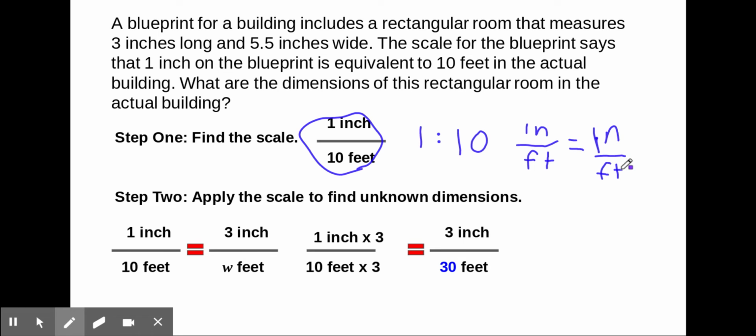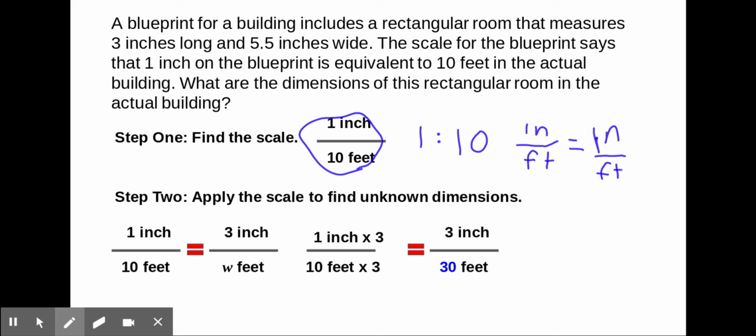You can't have inch over feet equal feet over inch. It has to be inch over feet equals inch over feet, or feet over inch equals feet over inch. But the units on the top have to be the same as each other, and the units on the bottom have to be the same as each other. And that's what you should be seeing when you're looking at this.